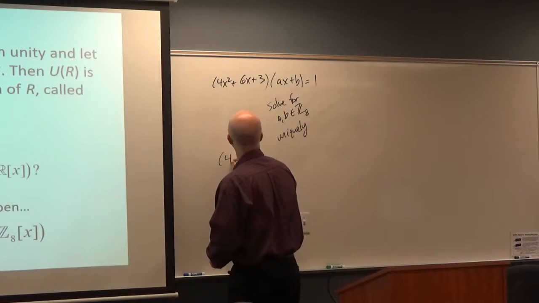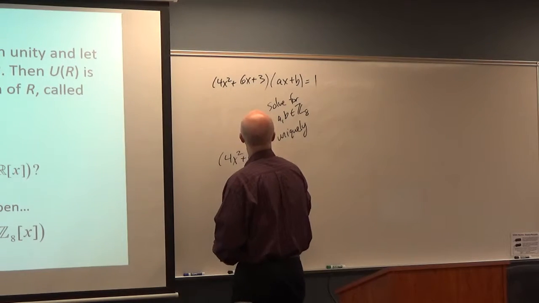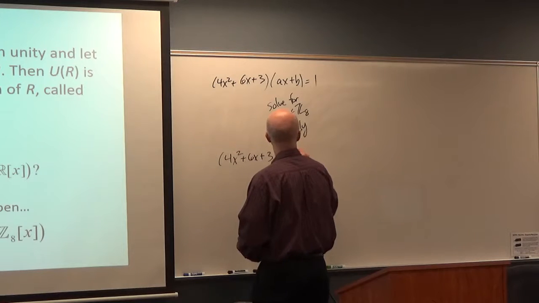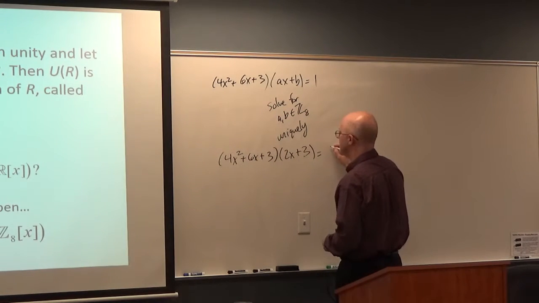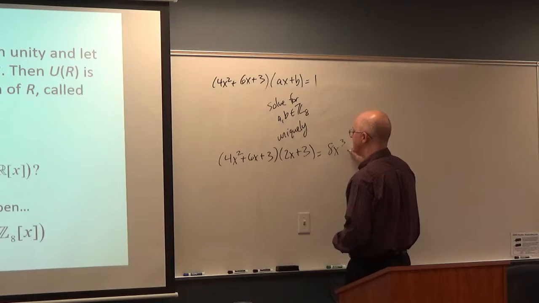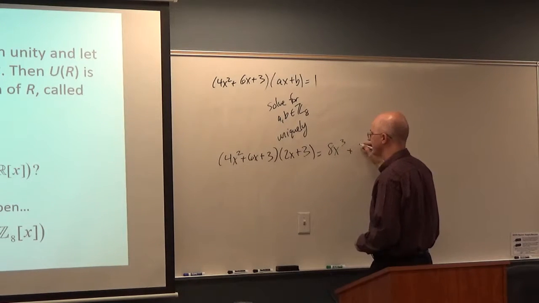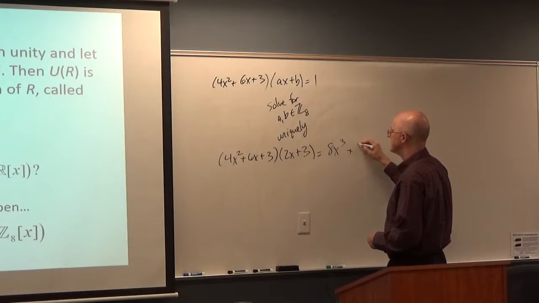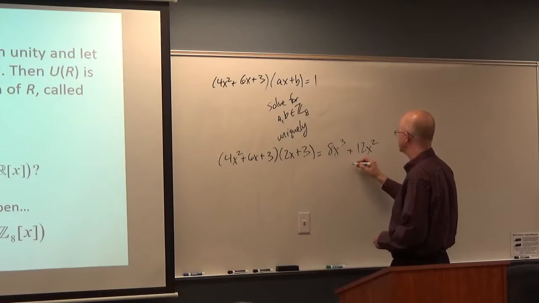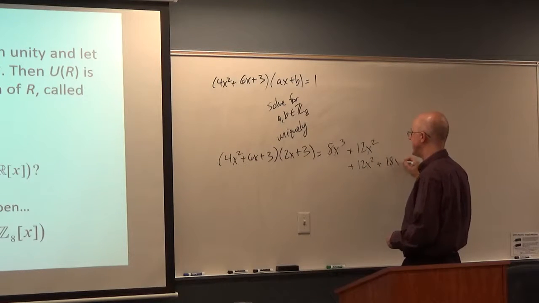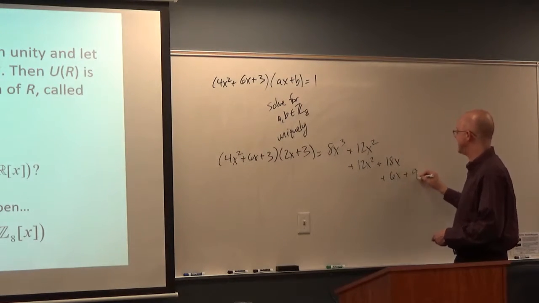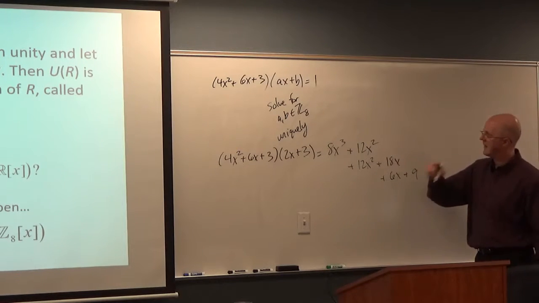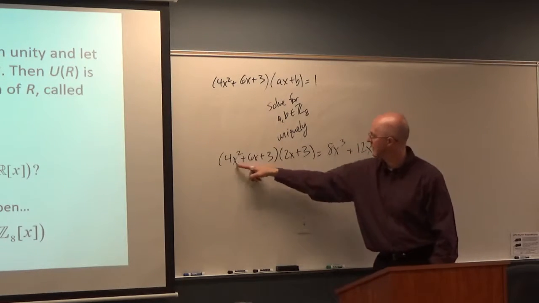Let's try that. 4x squared plus 6x plus 3 times 2x plus 3. We're going to get 8x cubed plus, I'm multiplying like ordinary at the moment here, 12x squared plus 12x squared plus 18x plus 6x plus 9. What I did there was the first row is 4x squared times both of these.